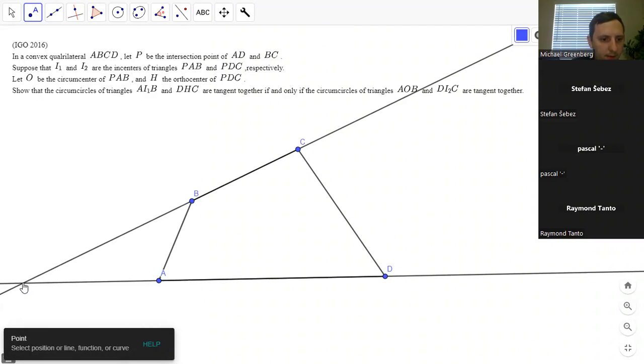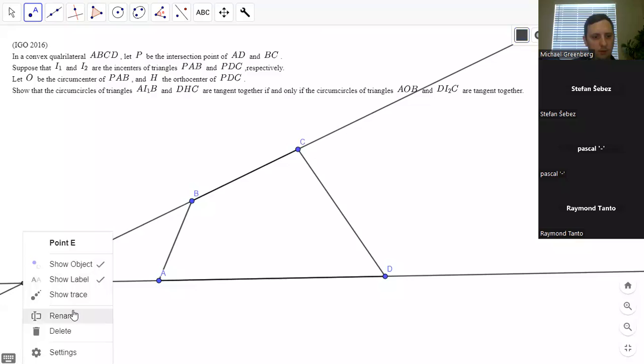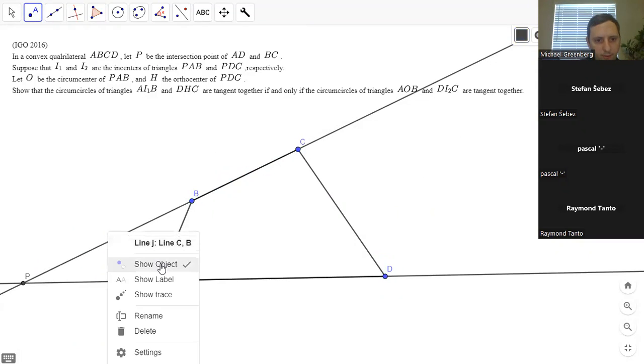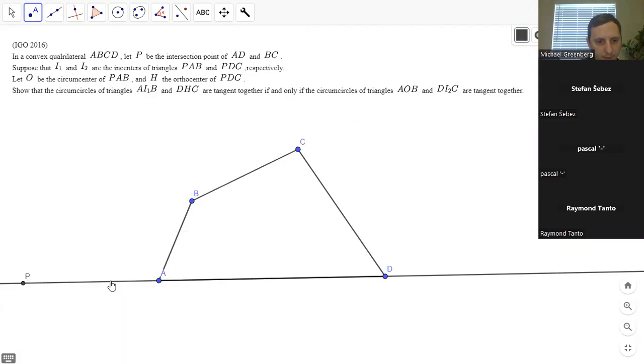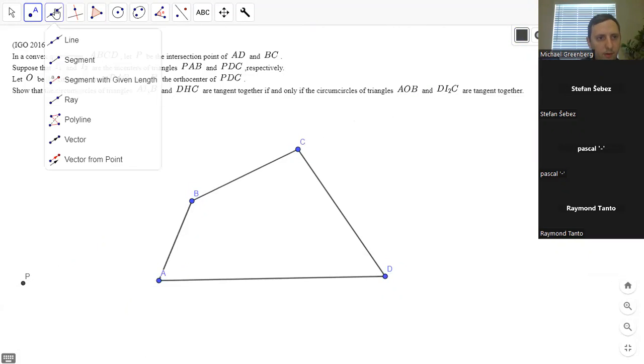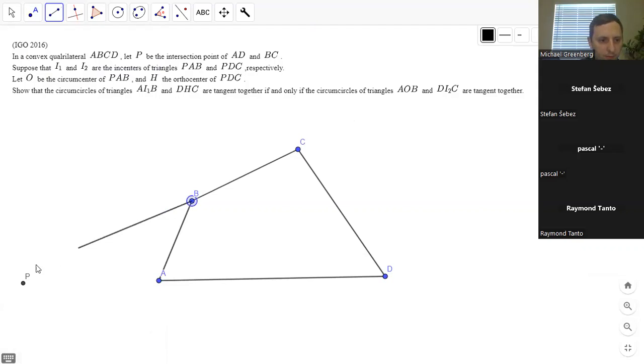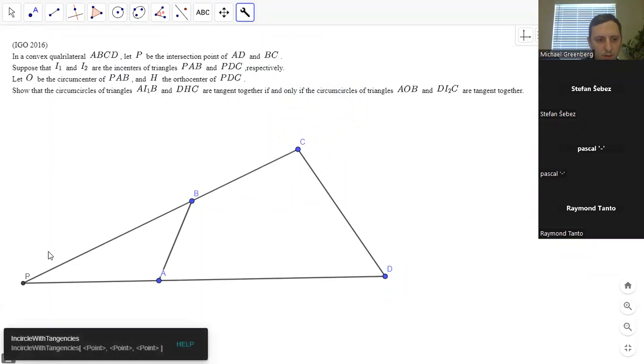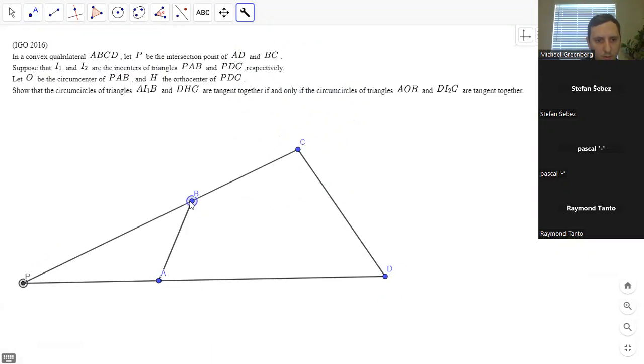So this is P. And then we draw the incenters of PAB and PDC. Those are both going to lie on the angle bisector of this angle. That's one incenter, and here's another incenter. It's going to be I1 and I2.